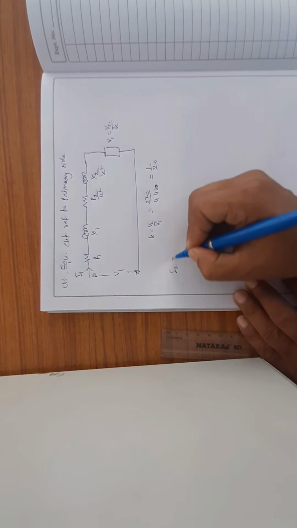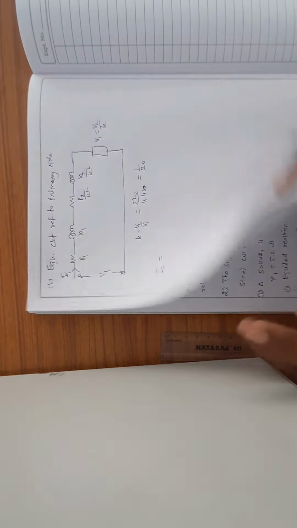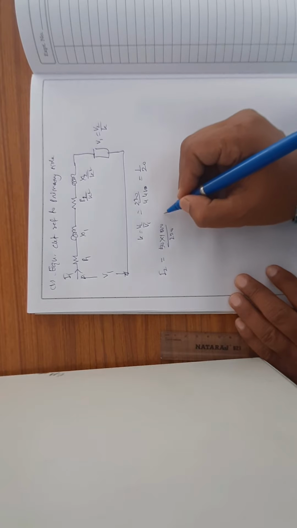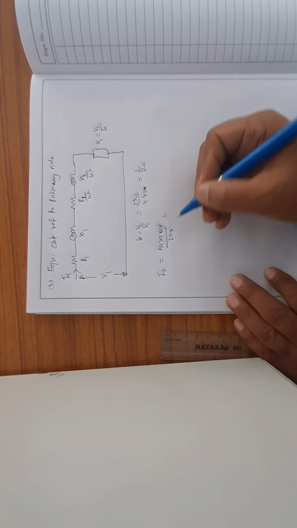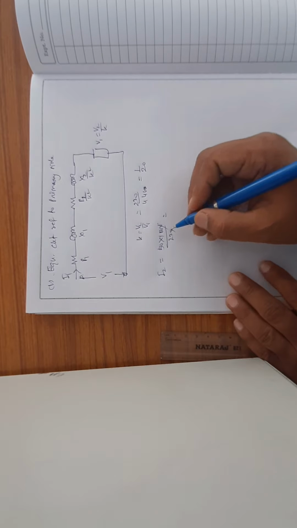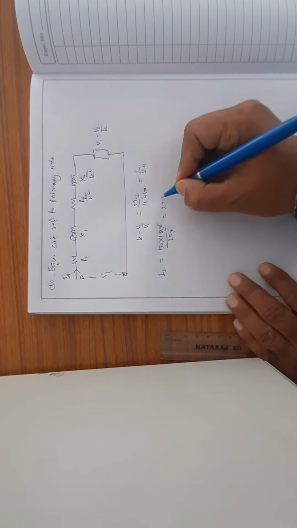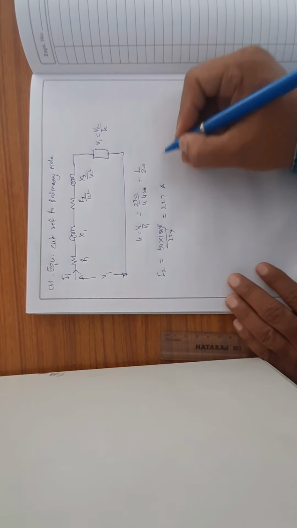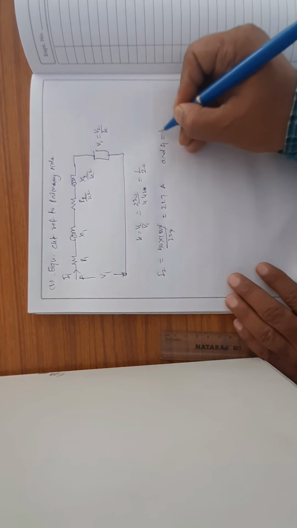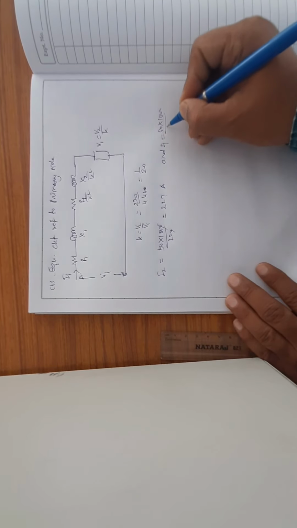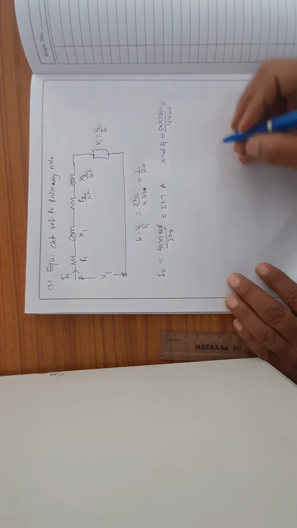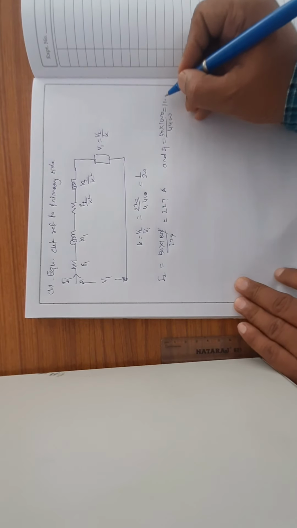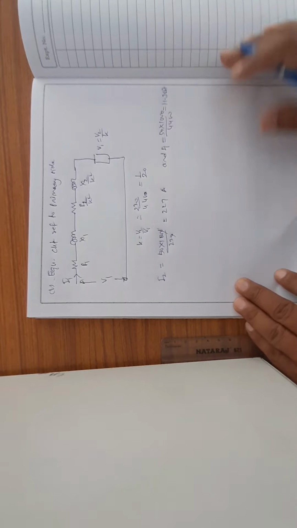I2 equal to, what is the rating in kVA? 50 kVA. 50 into 1000 upon 220, cancel by 2, it will be approximately this. This is in ampere, and I1 equal to 50 into 1000 upon 440. It comes to 113.6 ampere.